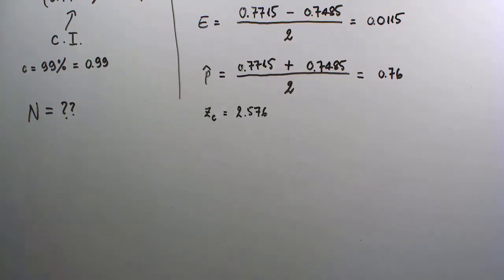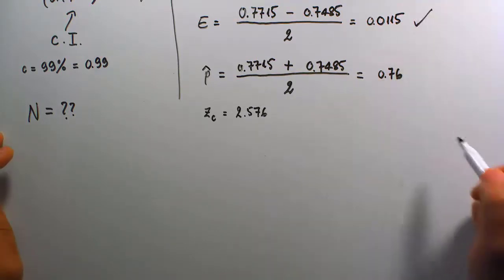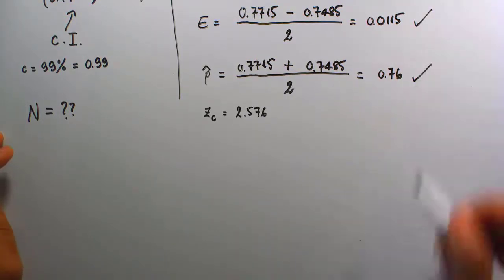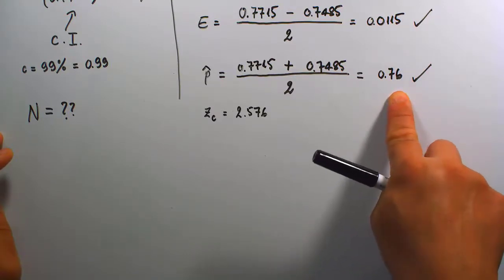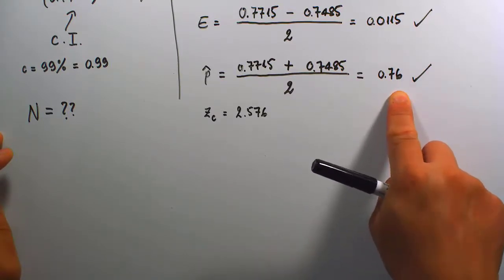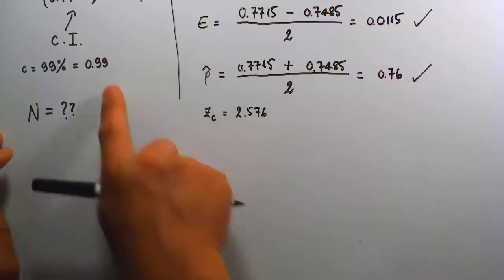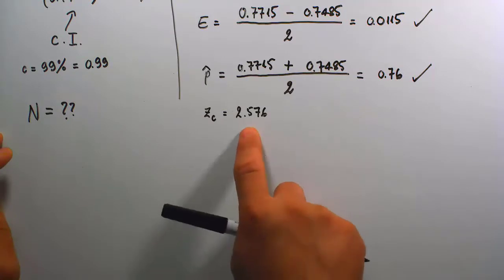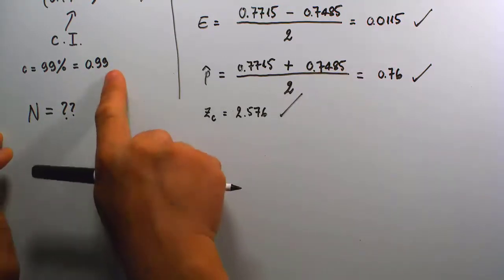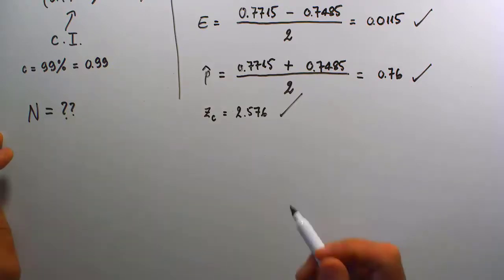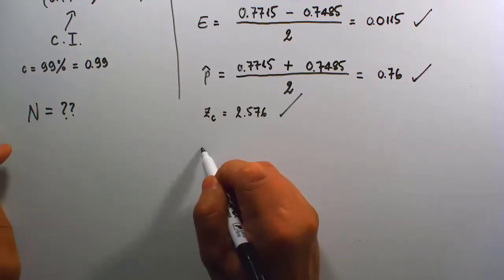So now, having margin of error ready, having the sample proportion value found, this sample proportion once again being the middle value in our interval, and z sub c that we've already calculated, directly related to the confidence level given here, our formula to find the sample size is ready.